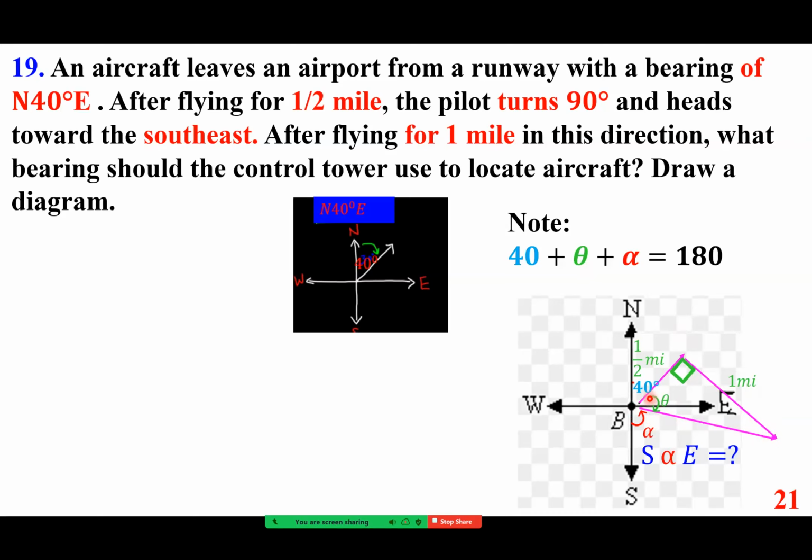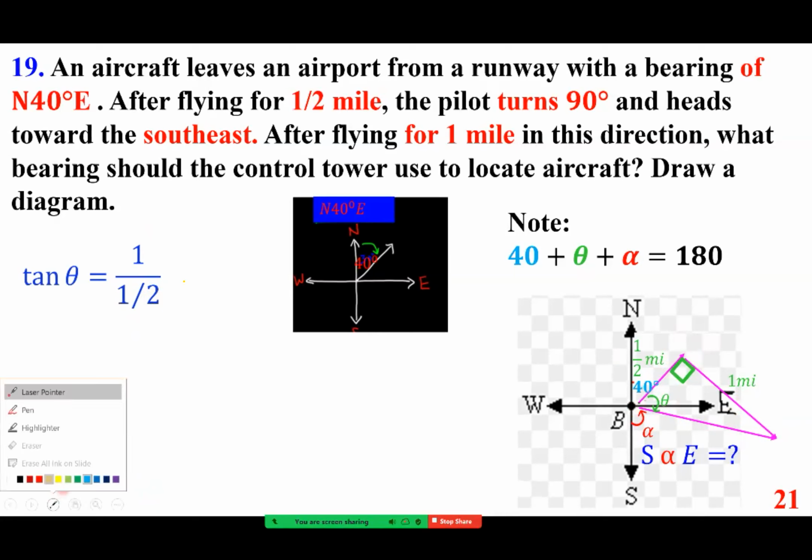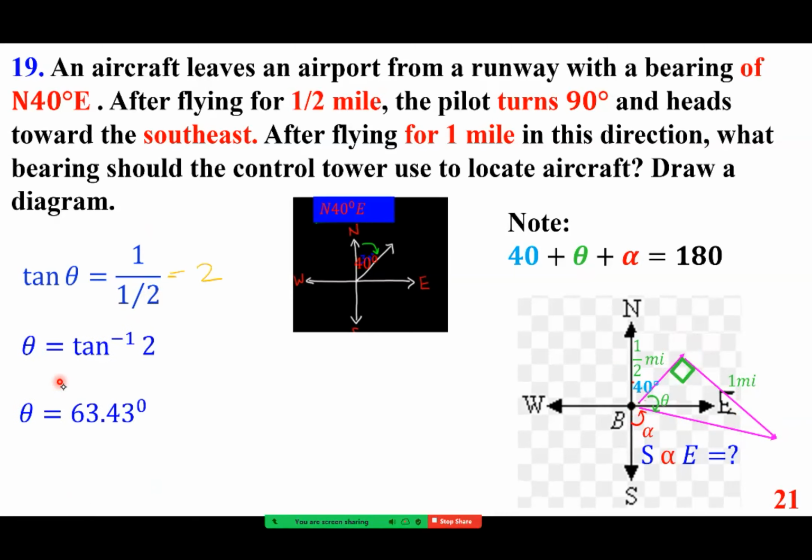The tangent is the opposite 1 mile over the adjacent half a mile, which makes it 2. 1 over 1/2 is 2. Therefore, theta is tan inverse of 2. Use a calculator, and it gives you 63.43 degrees. And we said all of them add up to 180.